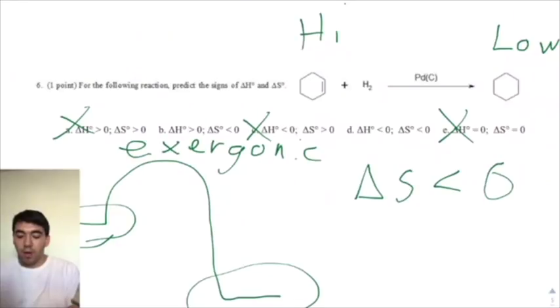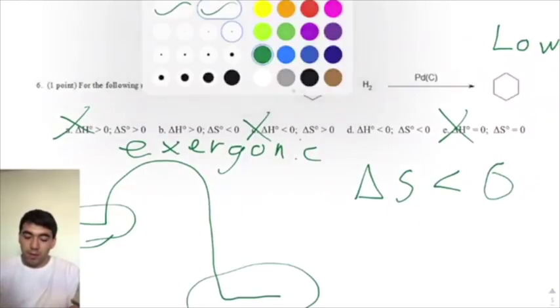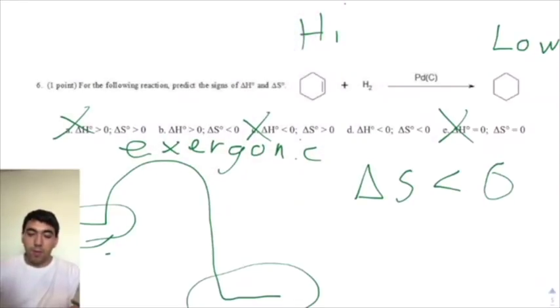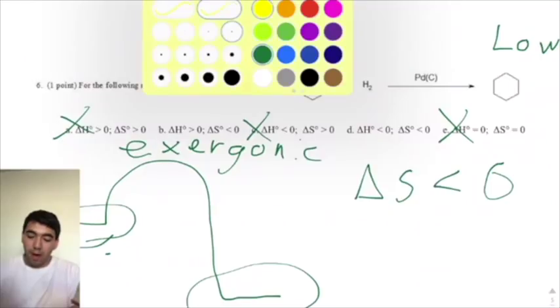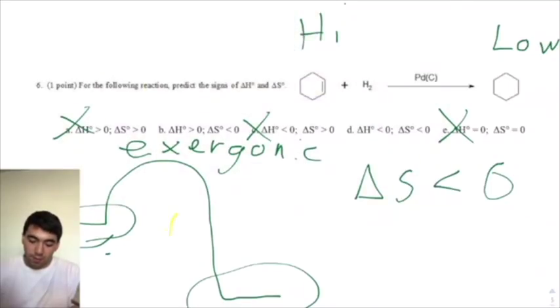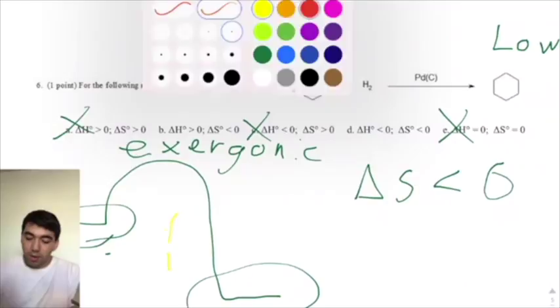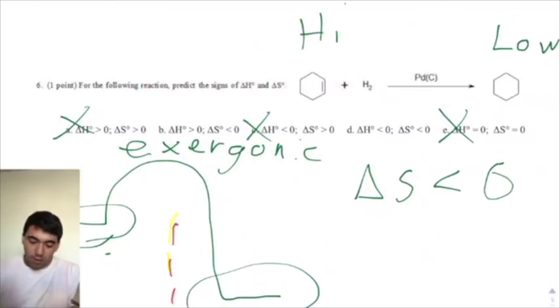When something's exergonic, it's favored because we're going from something unstable, high in energy, to something stable, low in energy. So our delta H here is the energy difference from our reactant to our product. This space right here is our delta H, and we do products minus reactants, so this would actually be a negative number in this case.